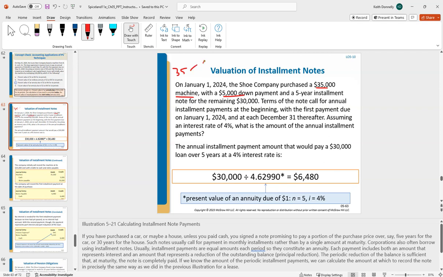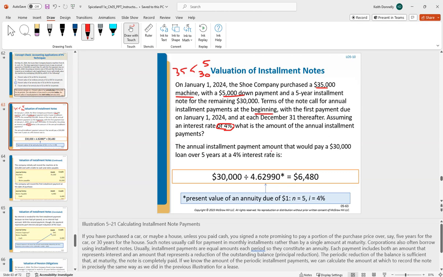It was $5,000 down and then a 5-year installment note for the remaining 30. Terms of the note call for annual installment payments at the beginning, with the first payment due on January 1st and at each December 31st thereafter, assuming an interest rate of 4%. What is the amount of the annual installment payments?